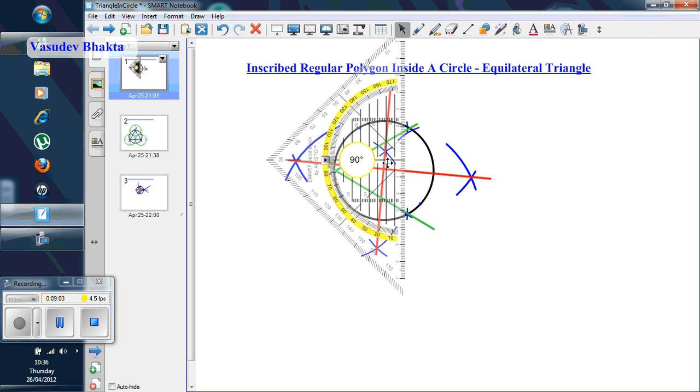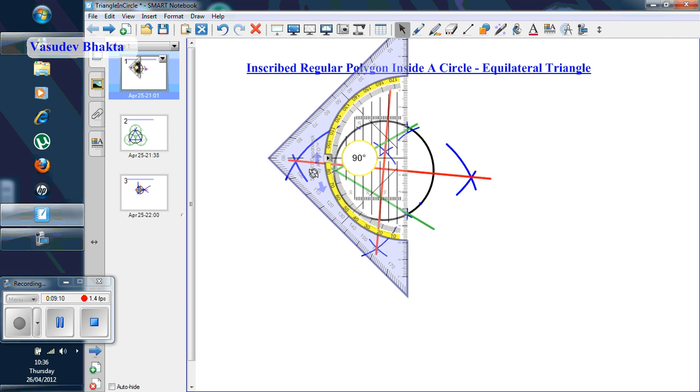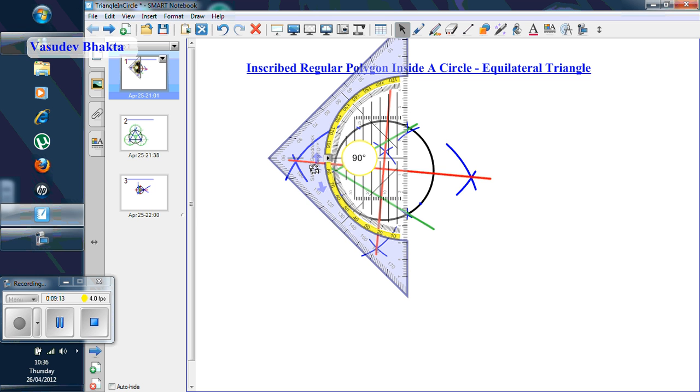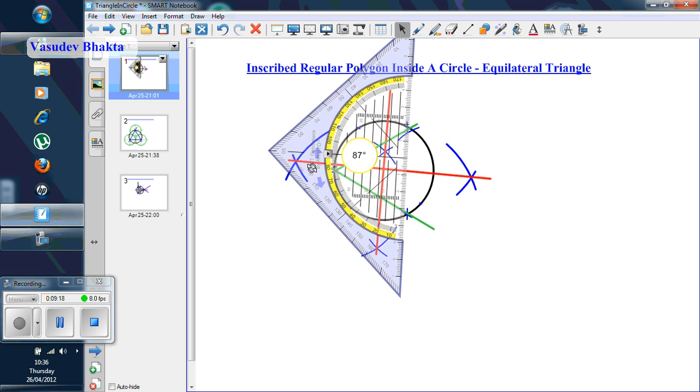Let's get that up there, spin it slightly. I think it's snapping to grid, so it's quite difficult.